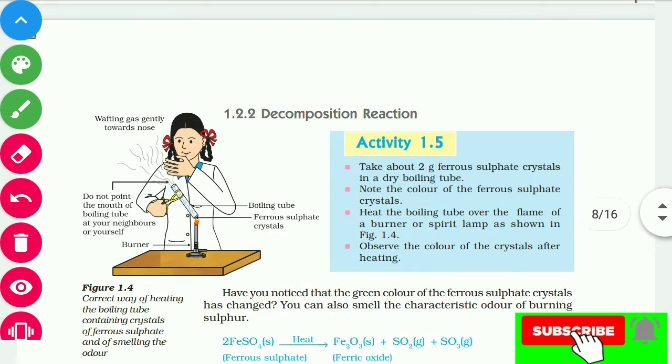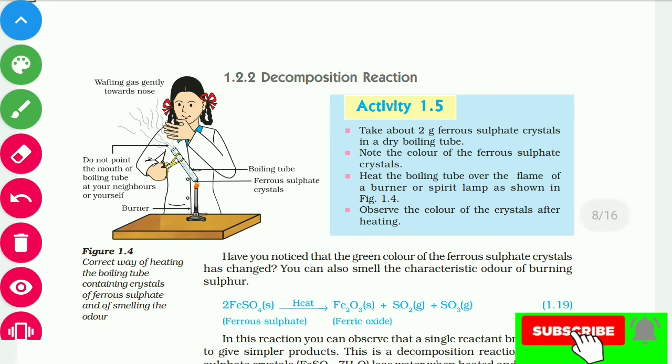Next is the decomposition reaction. What is a decomposition? In this you find a single reactant and two or more products. That reaction is called a decomposition reaction.